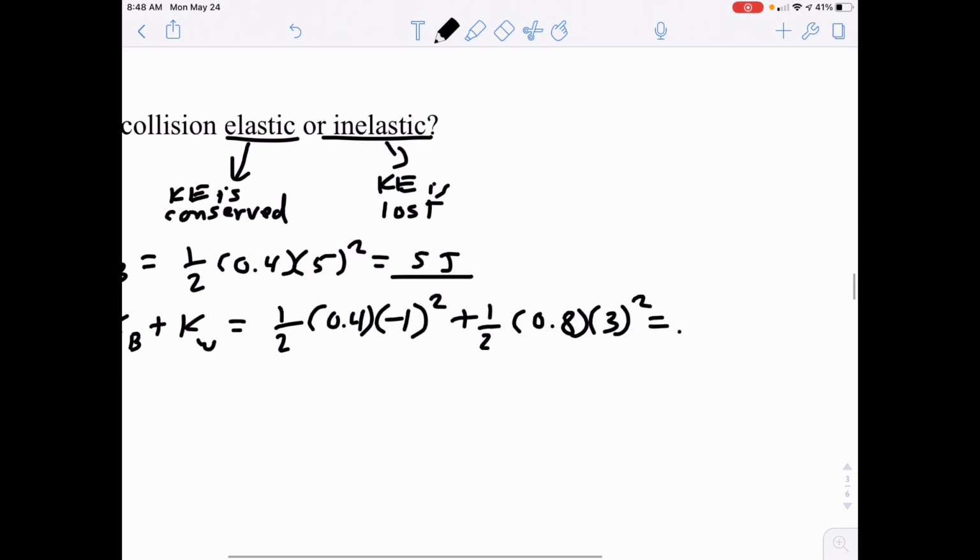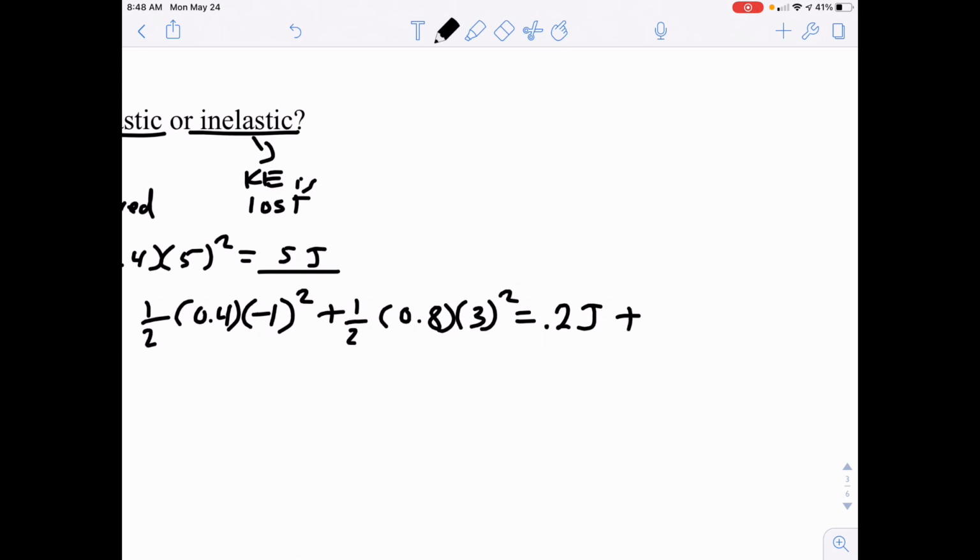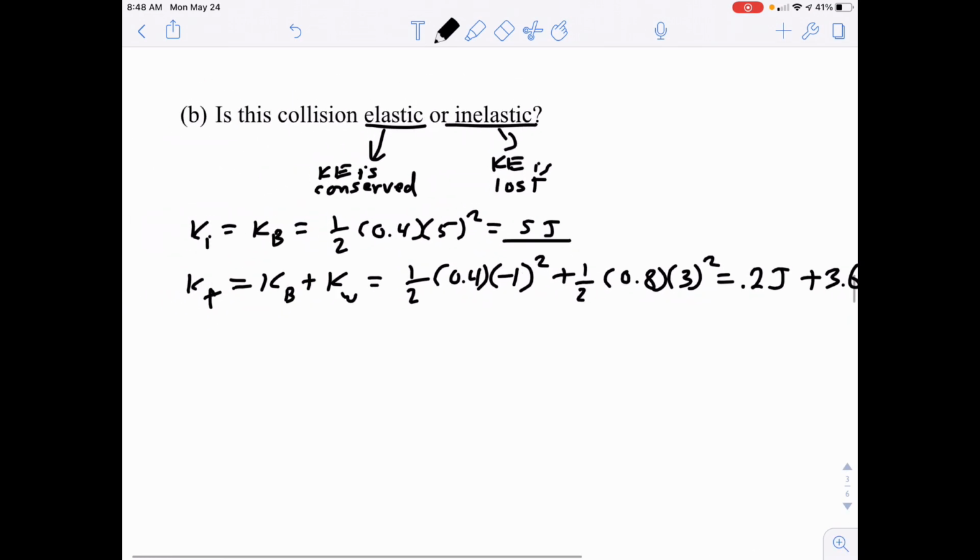Negative 1 squared is 1, times 0.4, take half of that, it's 0.2 joules, plus 3 squared is 9, times 0.8 is 7.2, take half of that, that's 3.6 joules, for a total of 3.8 joules. Still less than the initial kinetic energy. So since kinetic energy is lost, the collision is inelastic.